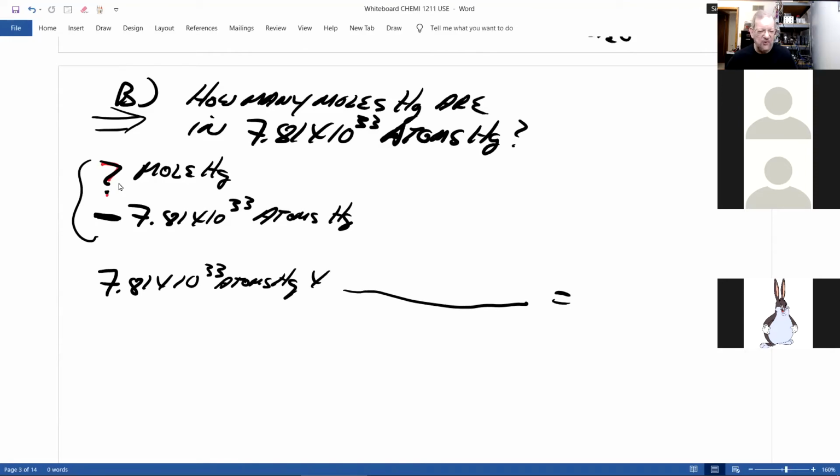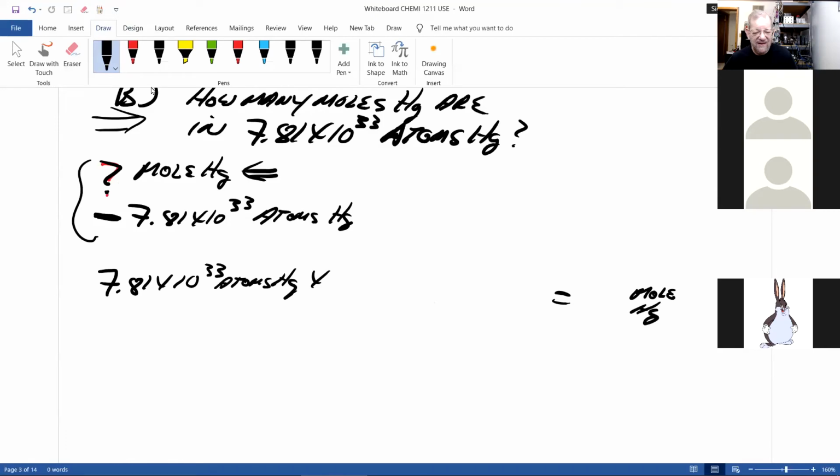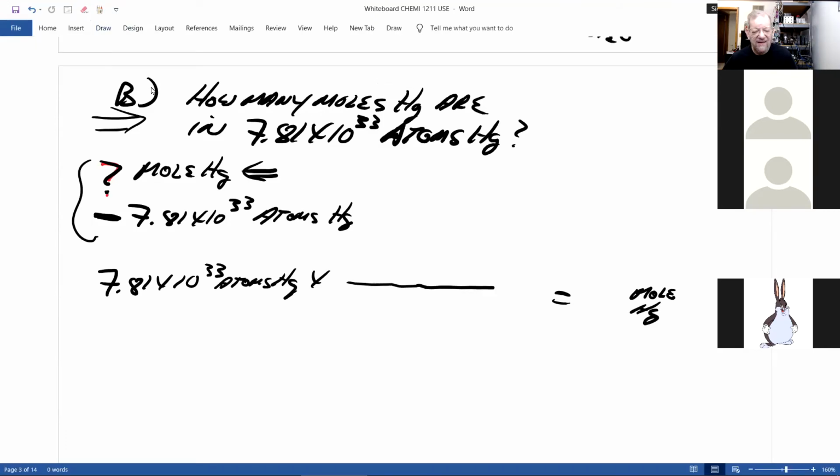What units do we want our answer to be? Well, we figured that out. Moles of mercury. And if we had some ratio, let's see if I can get a better straight line. That's better.